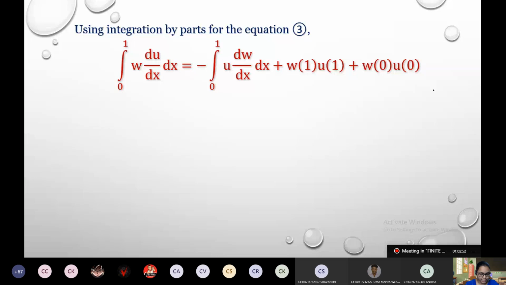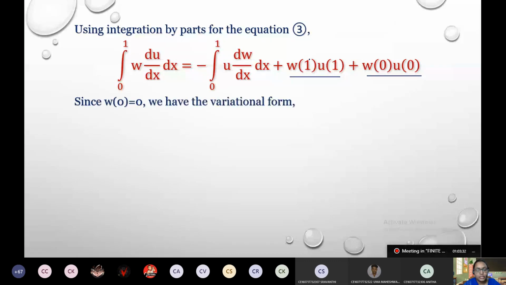In the previous equation, equation number 3, we had the integration of W du by dx into dx taken from 0 to 1. So that part we are doing by integration by parts. Now if you see, there are terms in this equation where x is equal to 0 and x is equal to 1 are to be substituted in the equations we have for u and the equations we have for W.